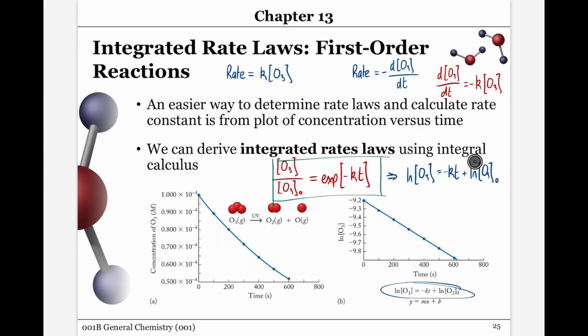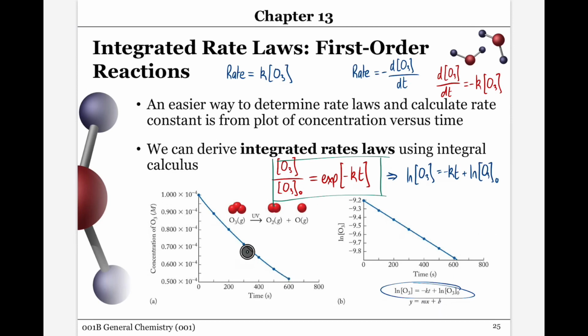The reason that we've expanded it in this way is that we can see very clearly that this has the form of a straight line. If we substitute ln of [O3] for y, then we have minus K, which is minus the gradient, multiplied by what will be our x value, t, plus some constant value. And that you can see clearly is representative of a straight line expression.